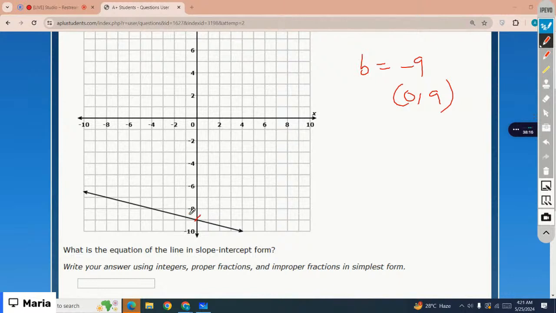One more thing, we need to find the slope. So just select any 2 points, that is 1, 2, 3, 4, and that is 1. So change in y is 1 and change in x is 4. That is 1 over 4.